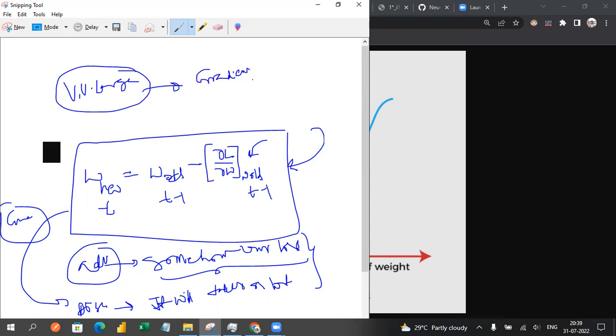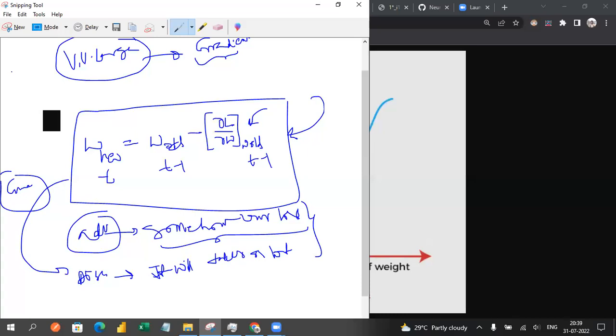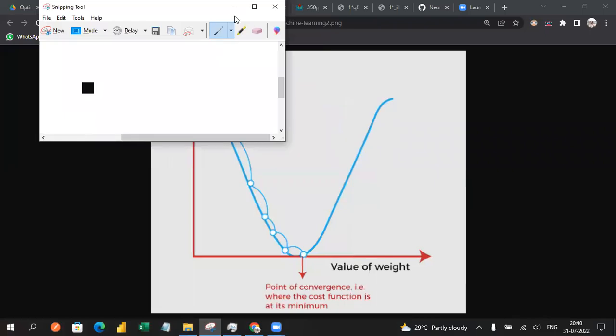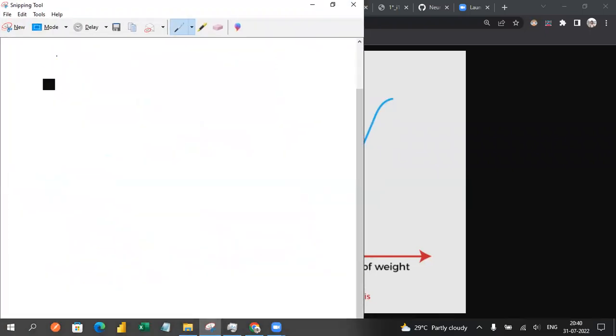This is computationally very expensive compared to all the other algorithms we are going to use. So one good trick and hack to extend gradient descent further: in gradient descent we are taking all the points, or random values, so it will take too long.